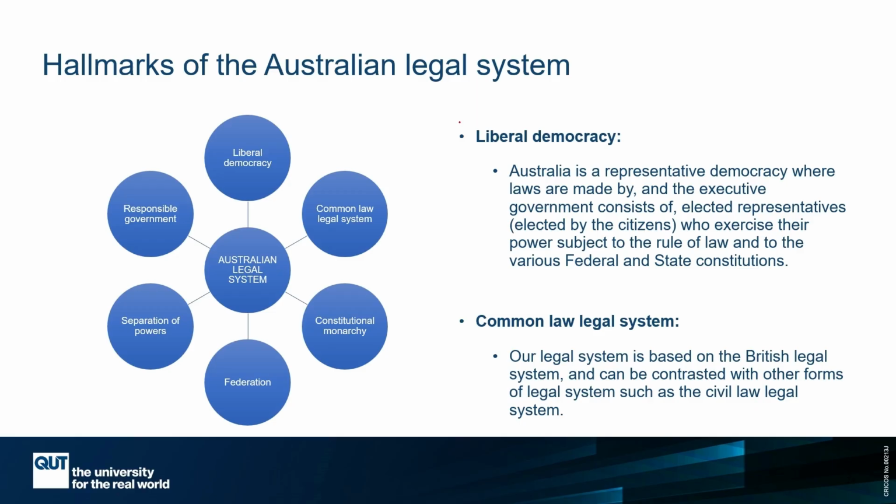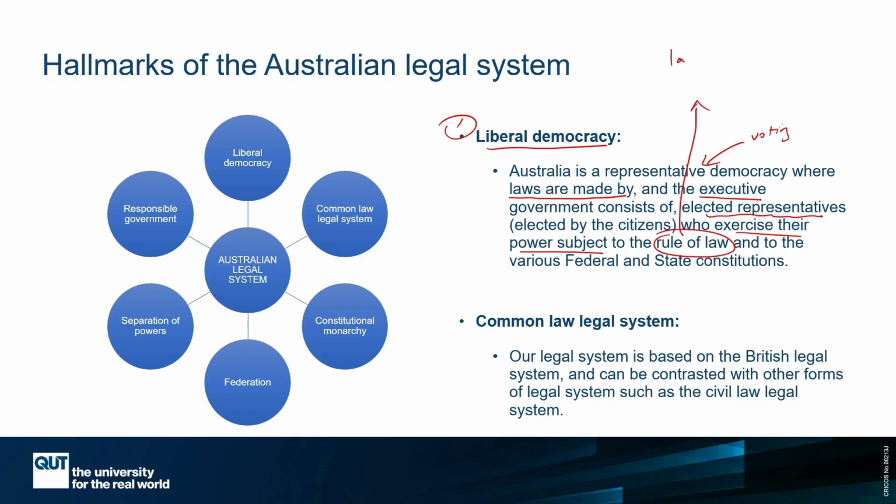The first thing to recognise is that Australia is a liberal democracy. What does that mean? A representative democracy where we vote for the government. So our laws are made by and administered by elected representatives. They exercise their power subject to the rule of law. You'll remember that from an earlier video.